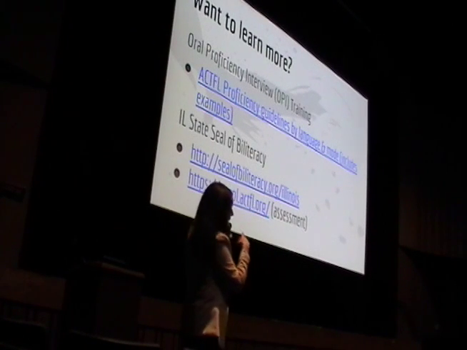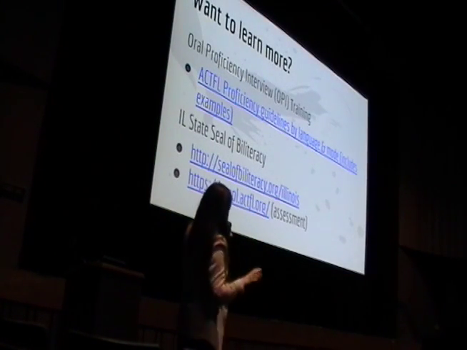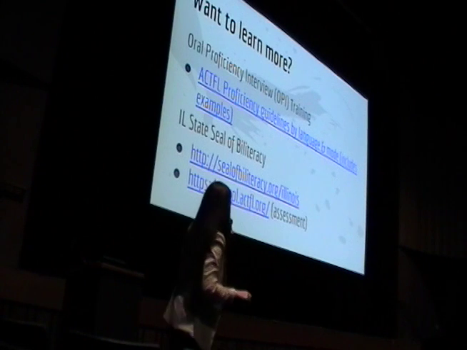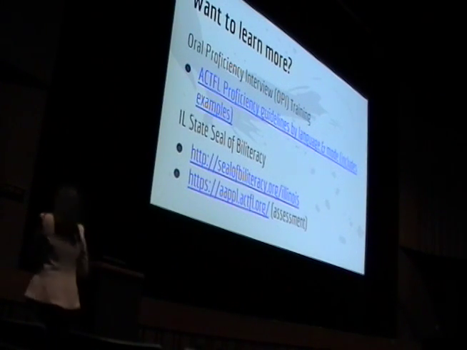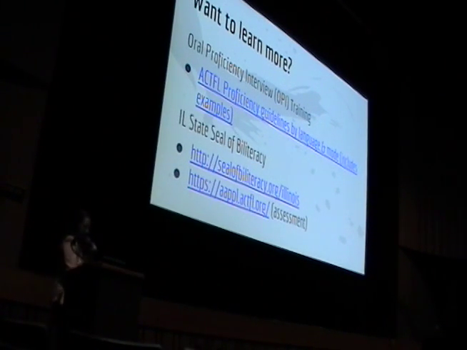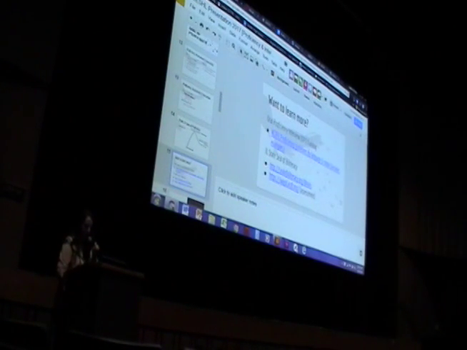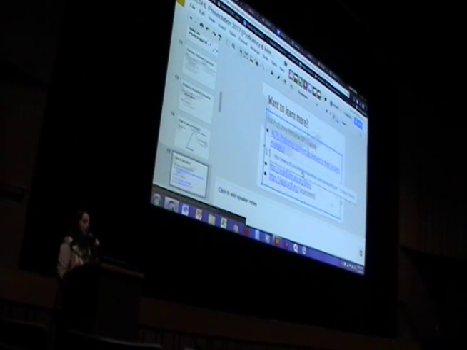You can also click on this link, which is also really great for a variety of reasons. You have guidelines by language, and I'm going to show you the Spanish version because it's entirely in Spanish. It includes all of the modes of communication, and it also has examples.